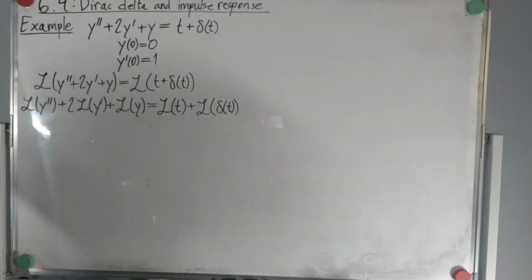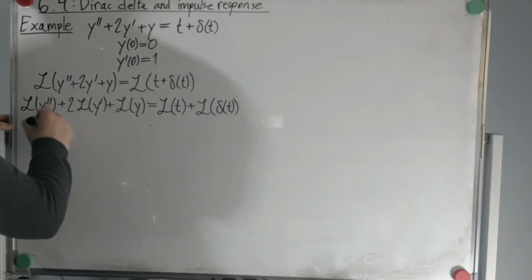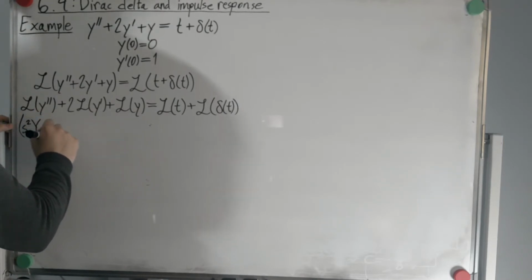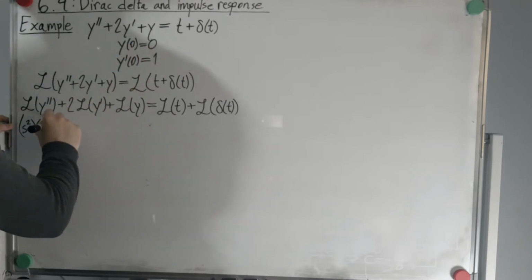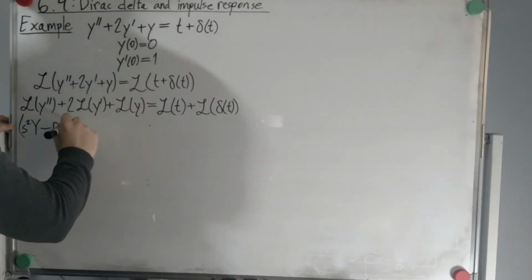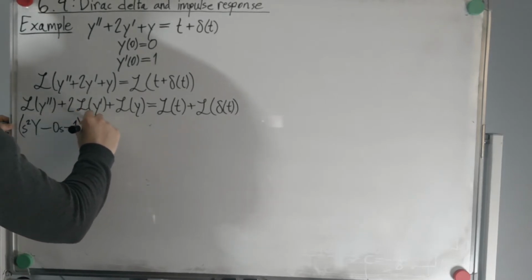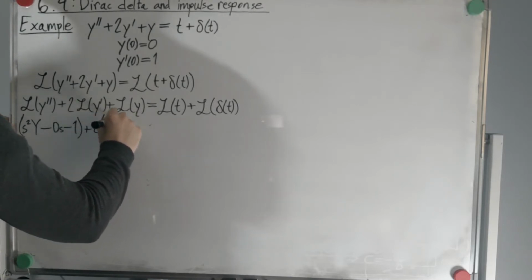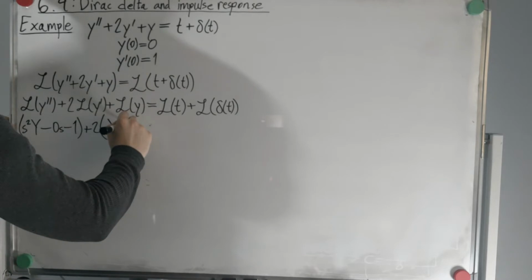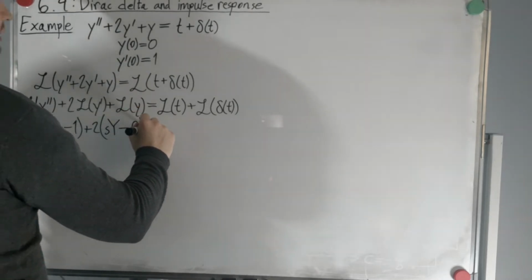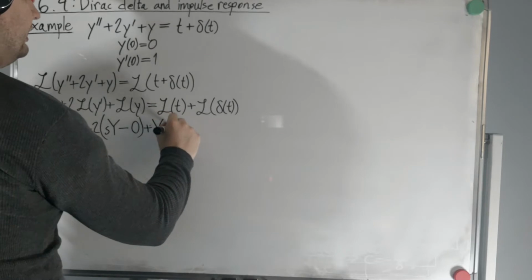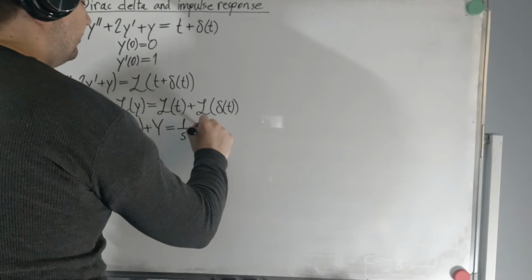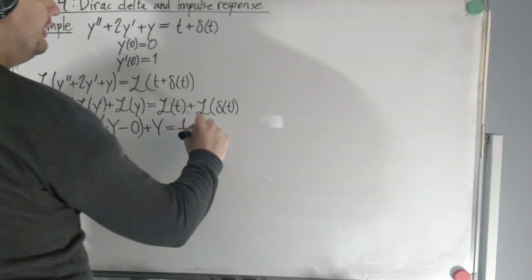So then the Laplace transform of y'' is going to be s squared times the Laplace transform of y, minus 0 times s, minus 1, plus 2 times the Laplace transform of y', which is s times the Laplace transform of y minus y(0). Then add to this the Laplace transform of y, equals the Laplace transform of t, which is 1 over s squared if you just look at the table. And the Laplace transform of delta of t is 1.